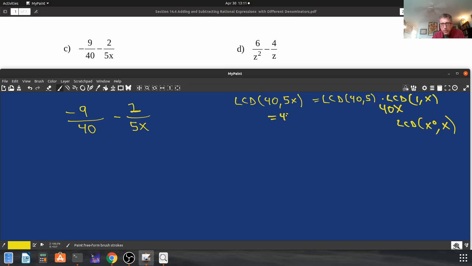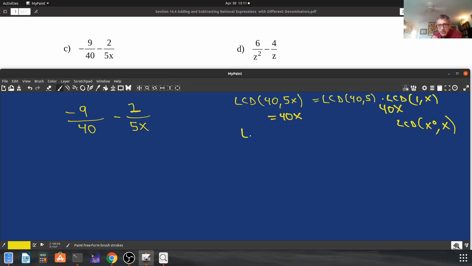So the LCD is equal to 40x. Here's what you do. If the variable term appears in all of the expressions whose LCD you want to find, then take the term with the largest power. If it doesn't, you always just look at the variable terms and take the term with the largest power, even if they don't appear in others, because you can always write the LCD of 1 and x as the LCD of x to the 0 and x.